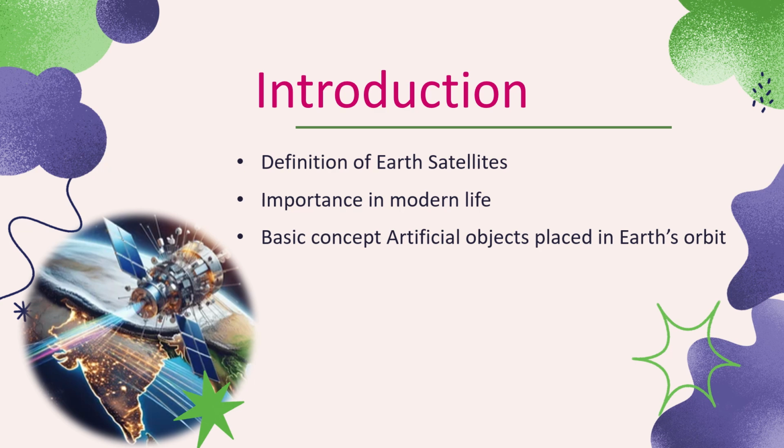So what is a satellite? We all know there are two main types of satellites, artificial satellites and natural satellites. A satellite is an object that orbits around a planet. It is important in modern life. Artificial satellites, or man-made satellites, are objects placed in Earth's orbit.